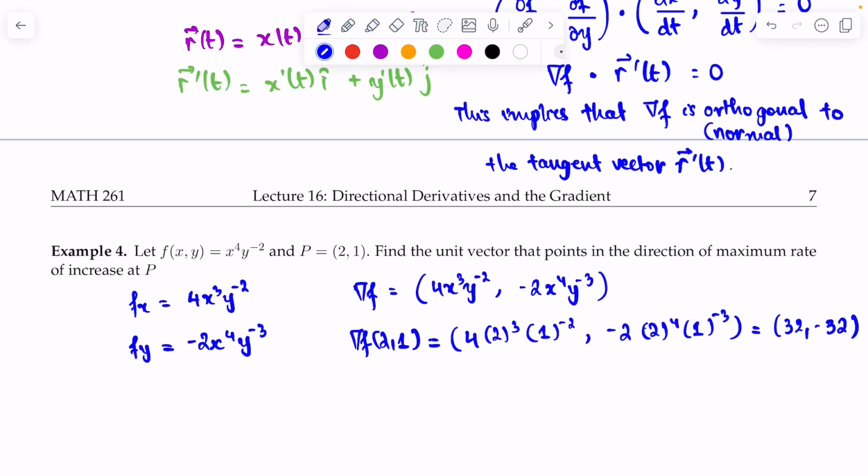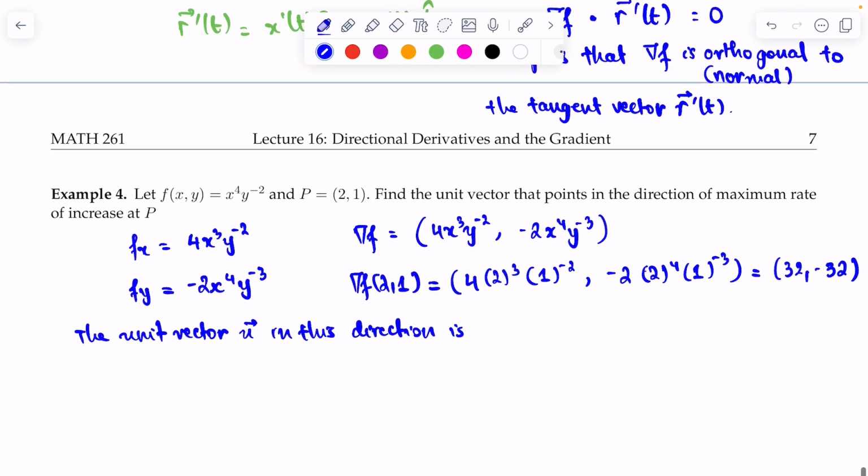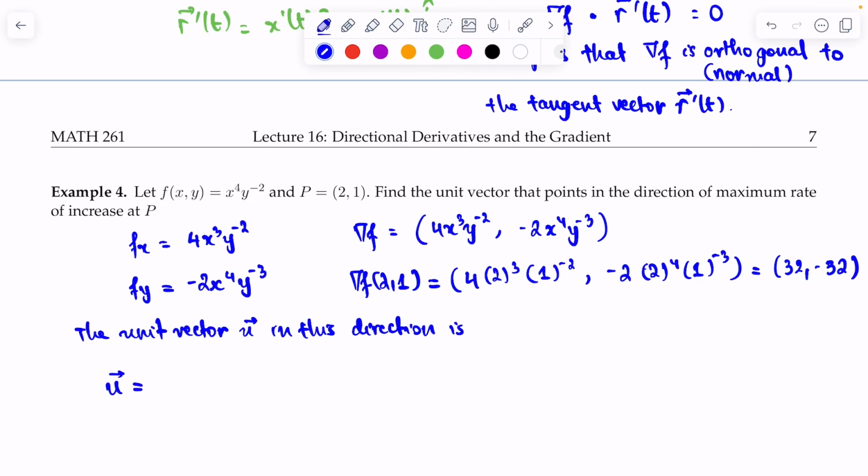When we talk about the direction of maximum rate of increase, the gradient vector and the unit vector have to point in the same direction. So in this case, you just need to normalize, or find the unit vector of, the gradient vector. So the unit vector u in this direction is u equal to the gradient vector divided by the magnitude of the gradient vector.